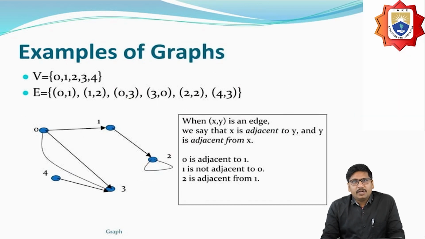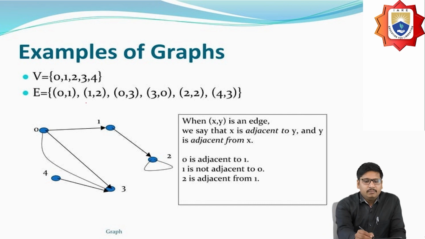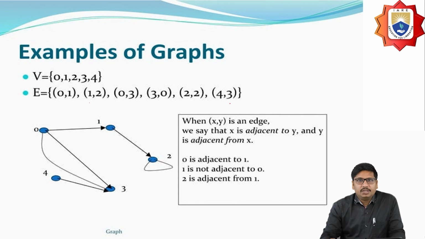Examples of graphs. Let V be the set of vertices 0, 1, 2, 3, 4, and E be the set of edges: 0,1; 1,2; 0,3; 3,0; 2,2; and 2,4.